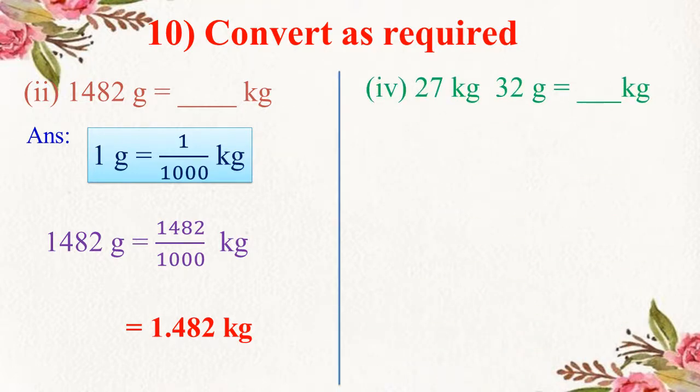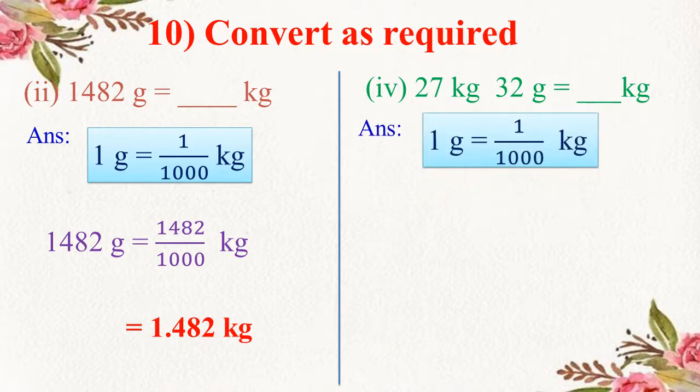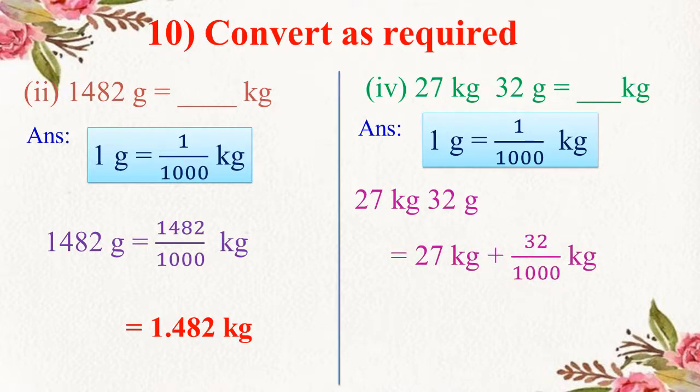Next problem, 27 kilogram 32 gram equal to dash kilogram. So we already know 1 gram equal to 1 by 1000 kilogram. 27 kilogram 32 gram can be written as 27 kilogram plus 32 by 1000 kilogram.